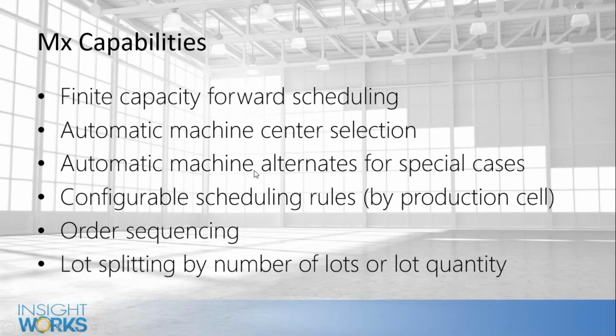So it does that. And if it can't find a preferred machine to run it on, we've got this machine alternates feature, which allows it to choose maybe a non-preferred machine, something that can still work but maybe isn't as good as the preferred machine, but would be the right choice in order to fulfill the schedule. And that can also be used for subcontracting as well. So it can intelligently choose when to subcontract parts if you need to.